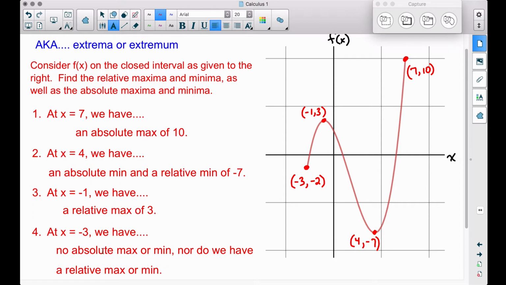So notice our solution here: we have no absolute max or min because we definitely have some lower points and some higher points than this one. And since an endpoint cannot be a relative max or min, we don't have a relative max or min at -3. All we have here is a left endpoint.